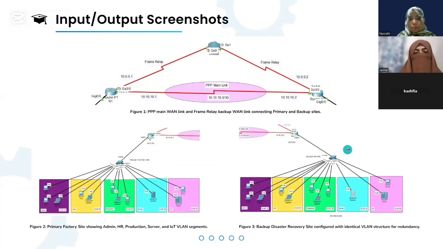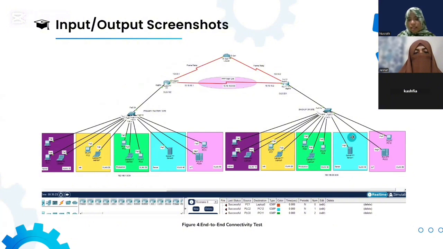After verifying the network topology and device configuration, connectivity tests were conducted to confirm successful communication between devices and validate the disaster recovery functionality. And then after that, the final connectivity test result of the disaster recovery is this screenshot.